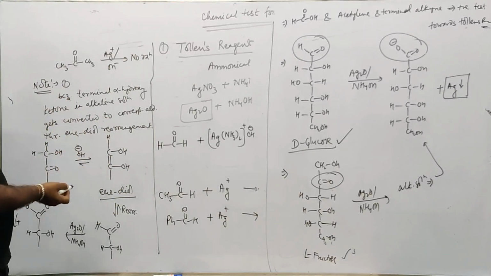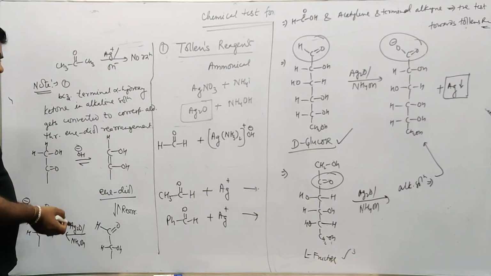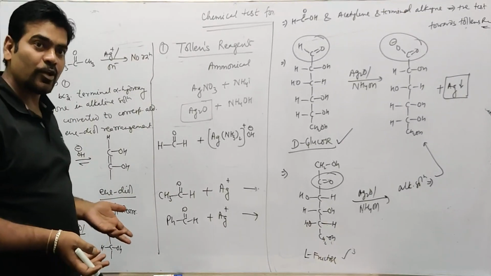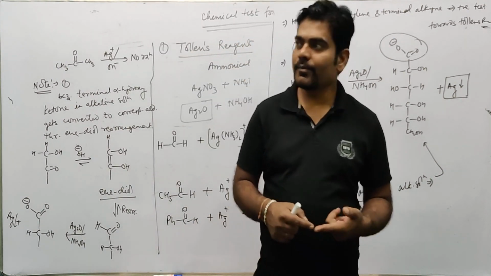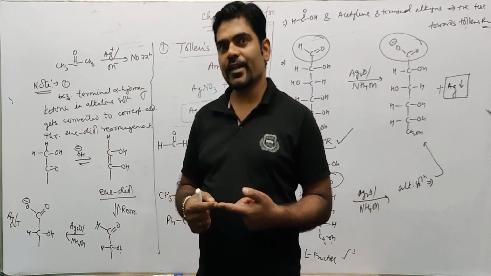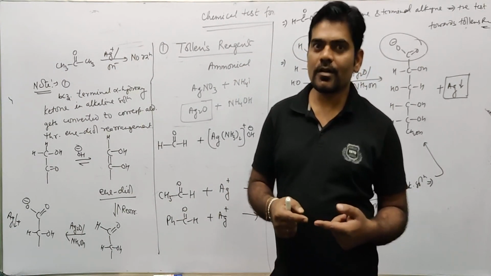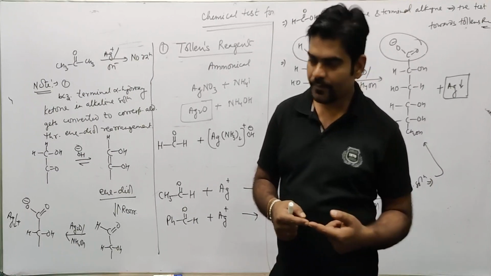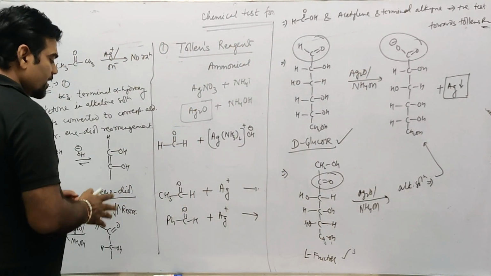But if the first carbon is in the form of acetal, as I have discussed in biomolecules, where there is a 1,1' glycosidic linkage, then they will not respond to this test positively. Alright, this is about Tollens test and Tollens reagent.